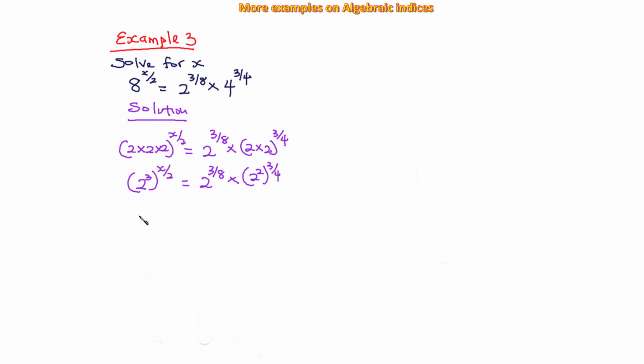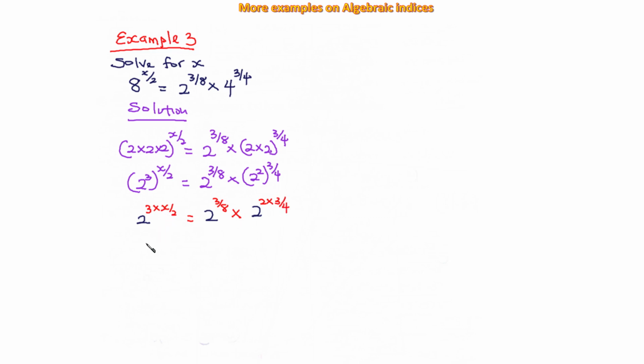We go on to multiply the indices, the index in the bracket with the one outside the bracket. Now, that will be 2 raised to power 3 times x over 2 is equal to 2 raised to power 3 over 8 times 2 raised to power 2 times 3 over 4.